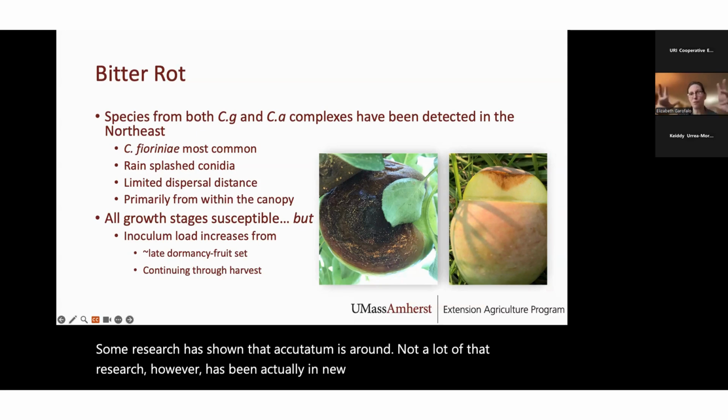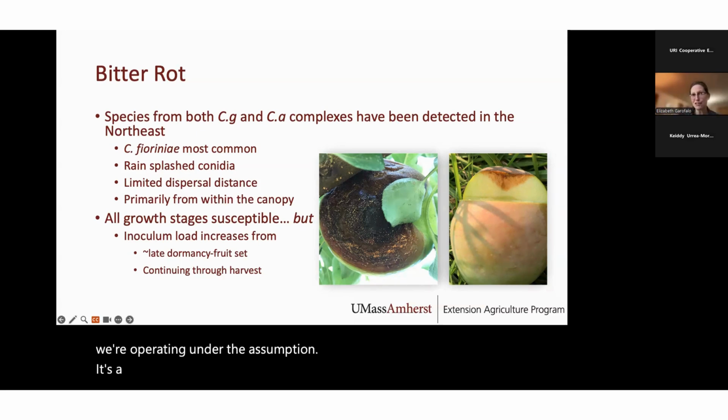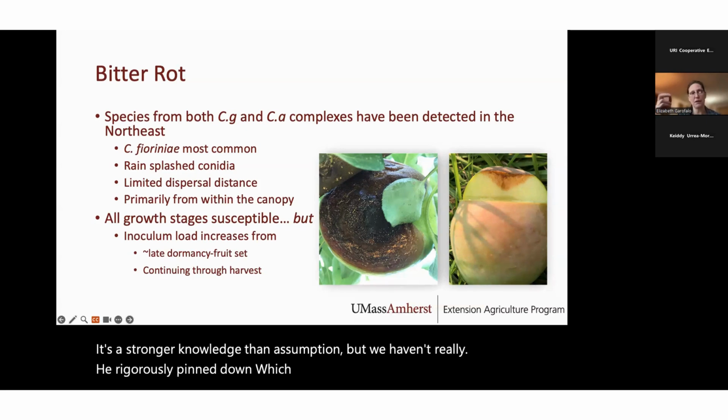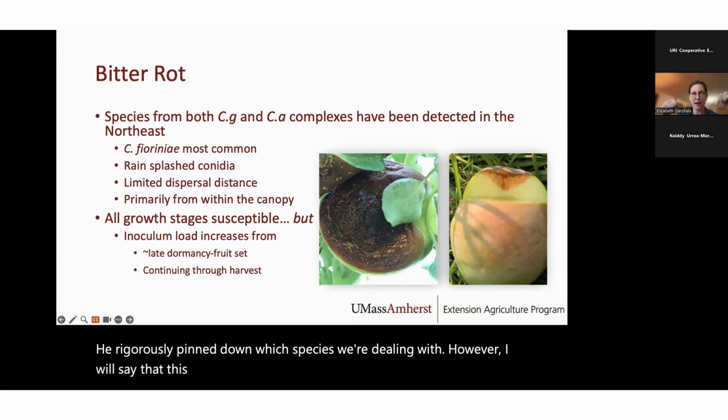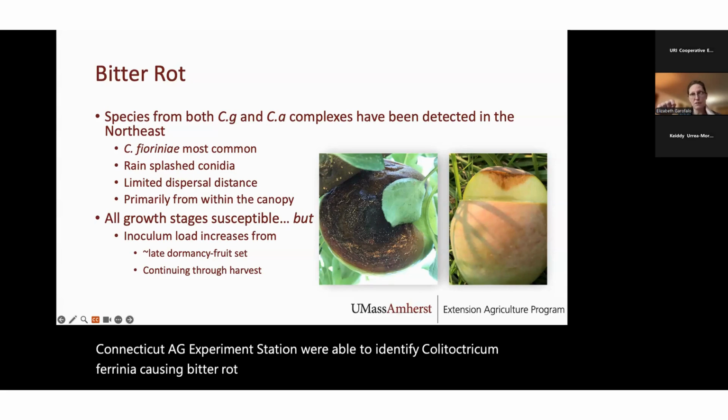When I say we're operating under the assumption, it's a stronger knowledge than assumption, but we haven't rigorously pinned down which species we're dealing with. However, this summer, myself and Dr. Nate Westrick at the Connecticut Ag Experiment Station were able to identify Colletotrichum fioriniae causing bitter rot in apple in Massachusetts.